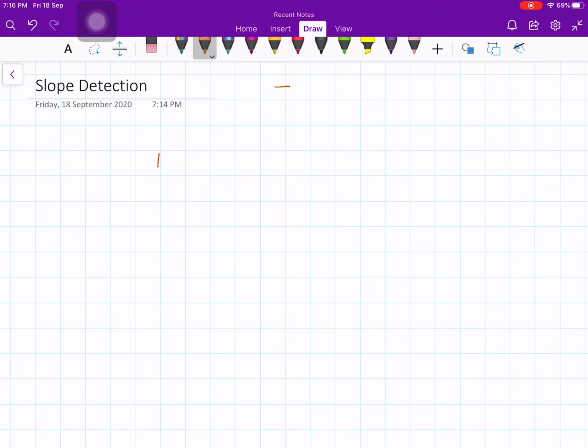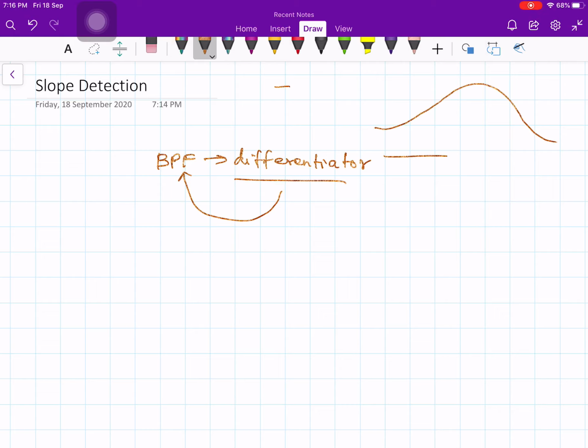Therefore, the bandpass filter is motivated by a differentiator. That means we wanted to realize the differentiator through a bandpass filter, so approximately the differentiator characteristics are available around the carrier frequency. If you have a filter response like this, this portion has linear characteristics.